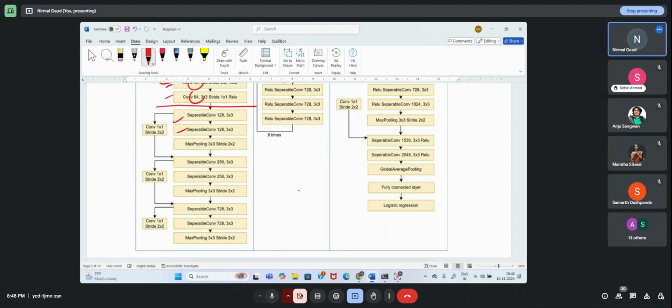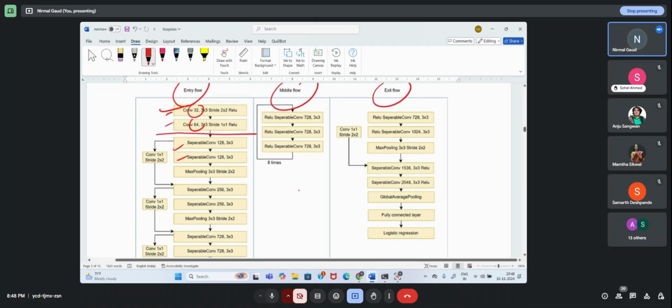Separable means separate the channels. How many channels are you going to get here? After this I am going to get 64 channels, because here I have 64 kernels. As many kernels as you have, you will get that many channels. So here you have 64.